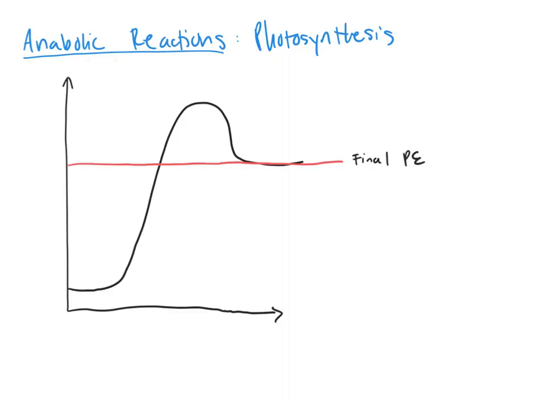In this case, the reactants, or what goes into the reaction, are actually going to have less potential energy than the products. So in this case, carbon dioxide is going to go in and glucose is actually going to be created or come out. So you can see we have activation energy again.